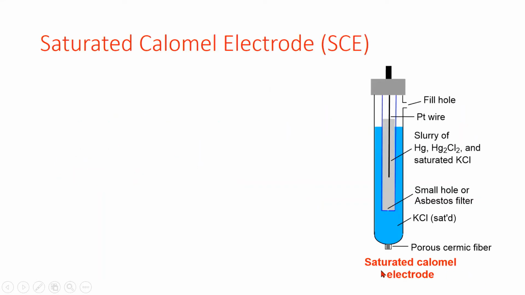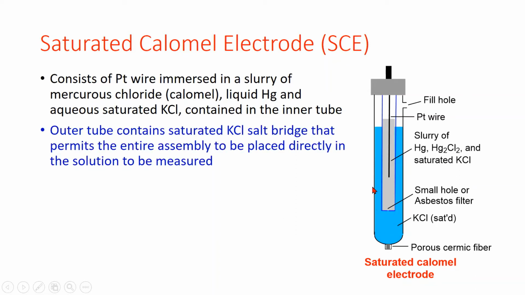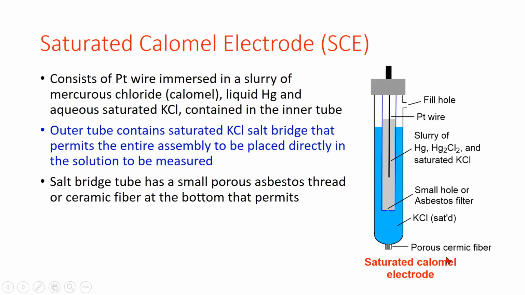This is the diagram of the saturated calomel electrode. It consists of platinum wire immersed in a slurry of mercurous chloride, mercury, and aqueous saturated KCl, which is contained in the inner tube. The outer tube contains saturated KCl salt bridge that permits the entire assembly to be placed directly into the solution to be measured.